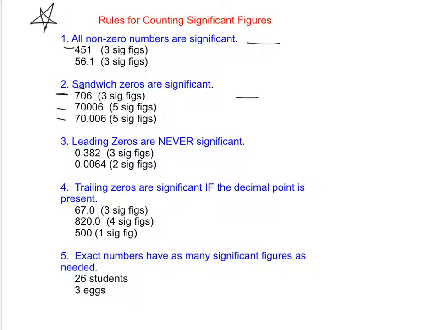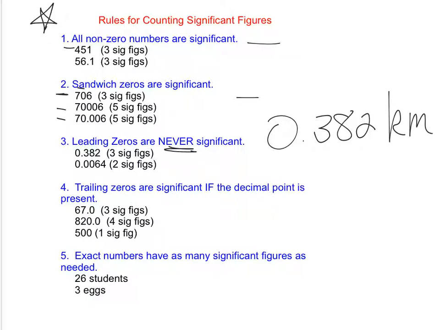Now we get into some leading zeros. And the thing about these is that they're never going to be significant. They are only placeholders. So let's say you have something like 0.382, and that's how many kilometers you have. Well, there are three significant figures, which, by the way, is exactly the same thing as saying 382 meters.